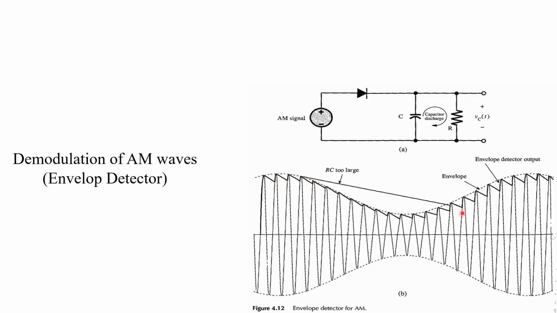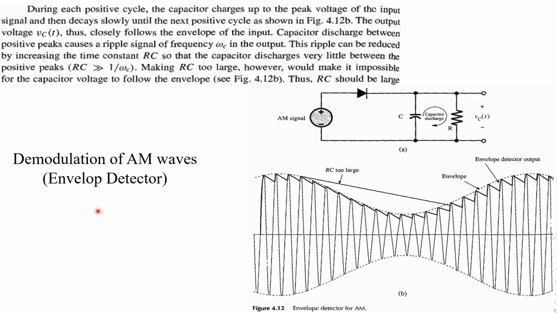So here it will discharge, again charge, here it will charge, again discharge, right? In this manner we get the output. Since we are trying to get the envelope of the carrier wave, this is called the envelope detector. This ripple can be reduced by increasing the time constant RC, so that the capacitor discharges very little between the positive peaks, so it can increase the accuracy of detection.